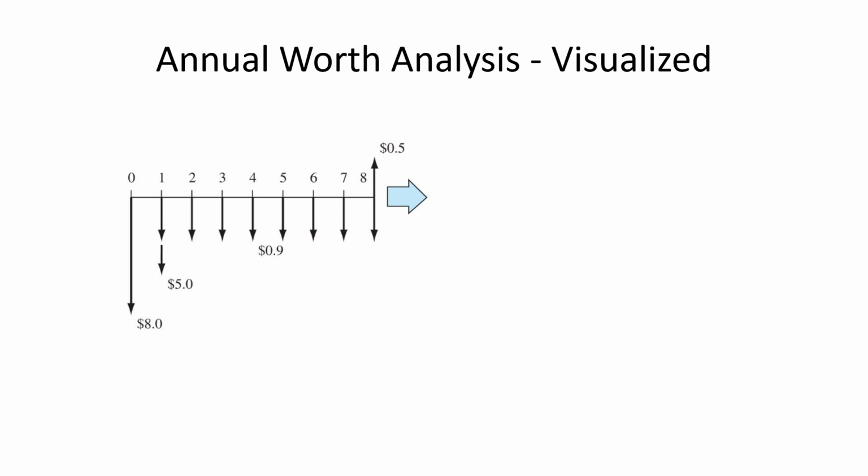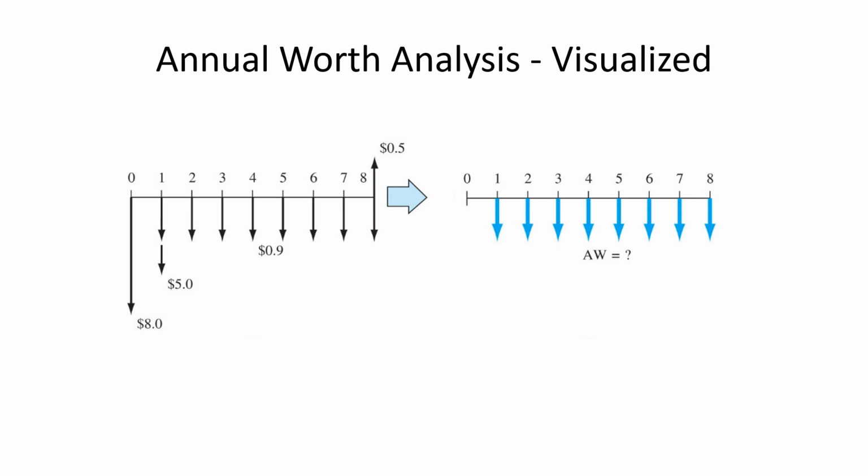So in the case of annual worth analysis, you're taking alternatives and you're just finding out how much would they cost on a single annual worth basis, so that you're spreading out over time all of the costs and inflows. So for example, what that means is this annual series of 0.9, that's already in the annual terms. So we don't have to do any conversion with that.